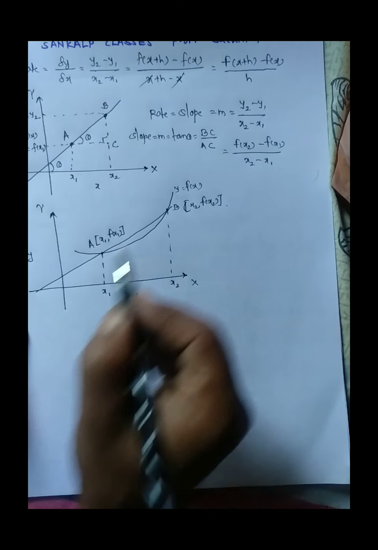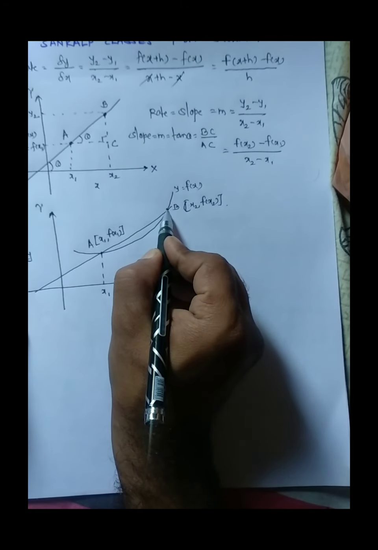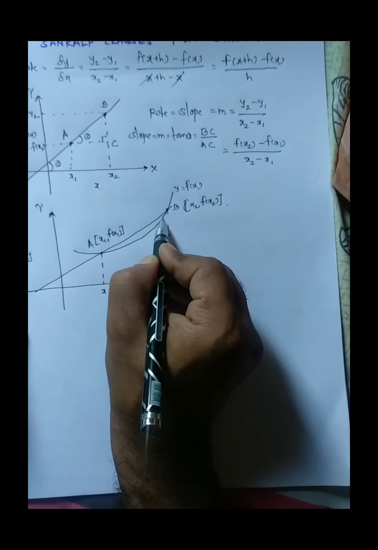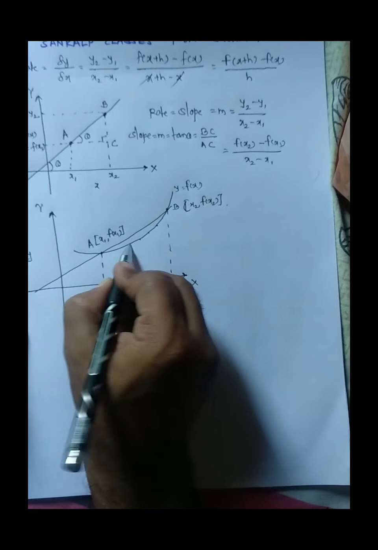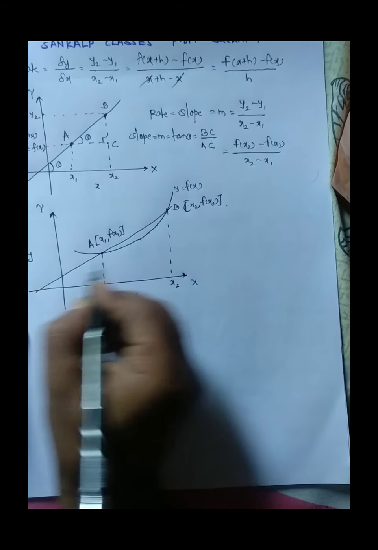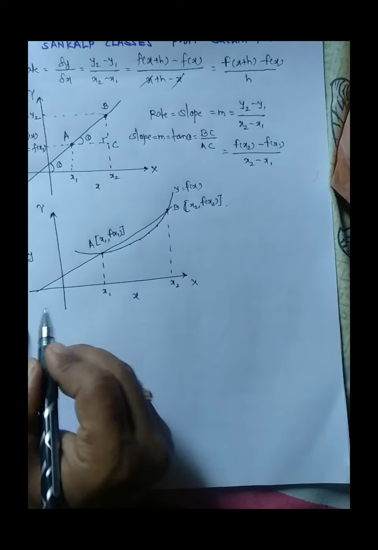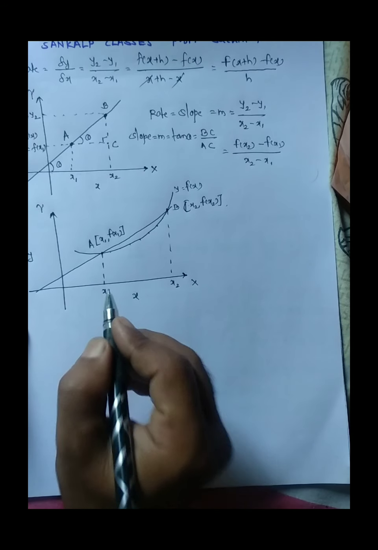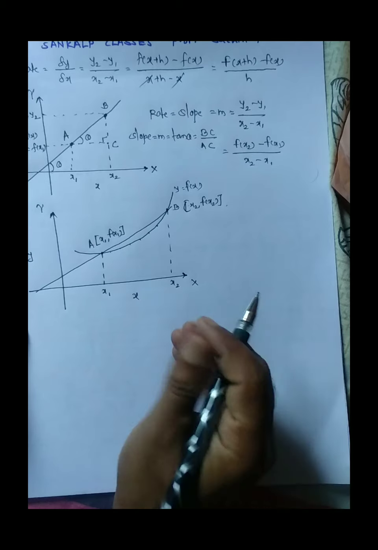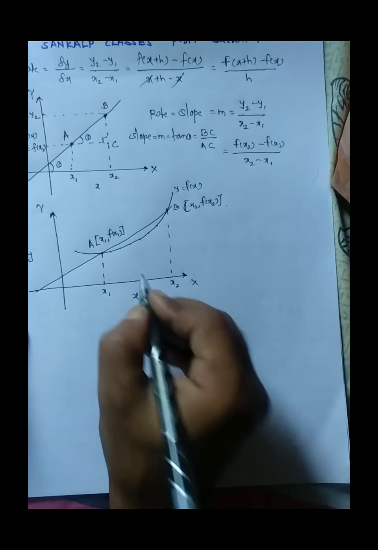At that time this point comes near to the point A. The distance between these 2 points becomes very small. That means it approaches 0 but is not equal to 0.